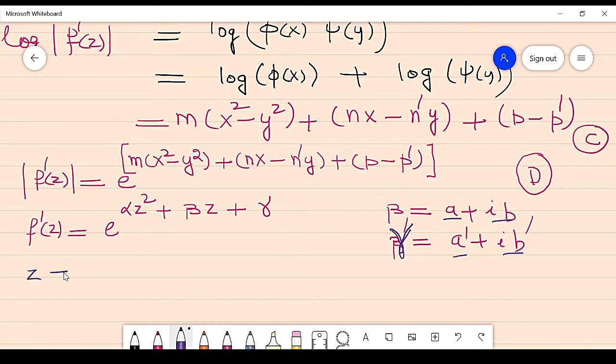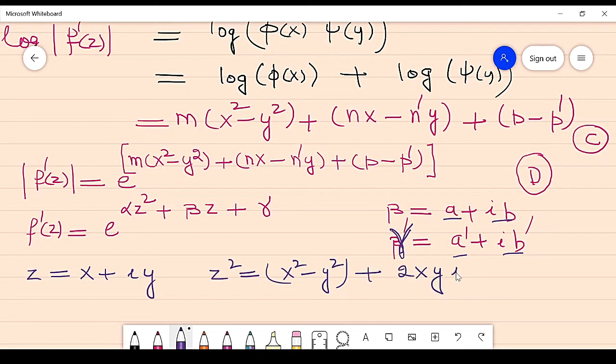Similarly, if z is x plus iota y, then z square is equal to x square minus y square plus 2xy iota. So this is the value of z square.